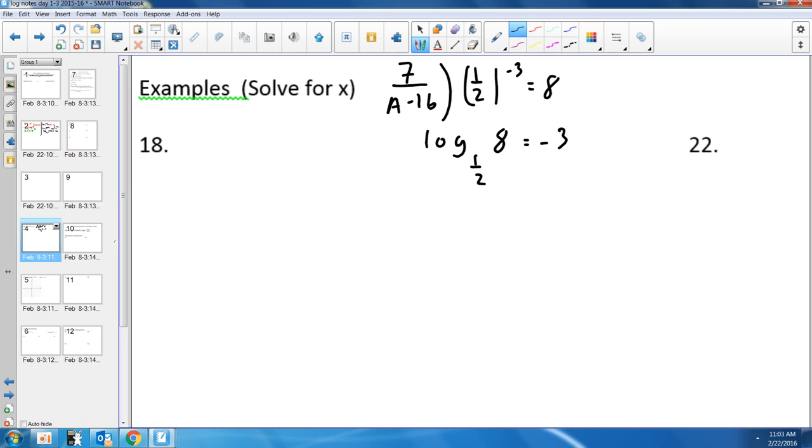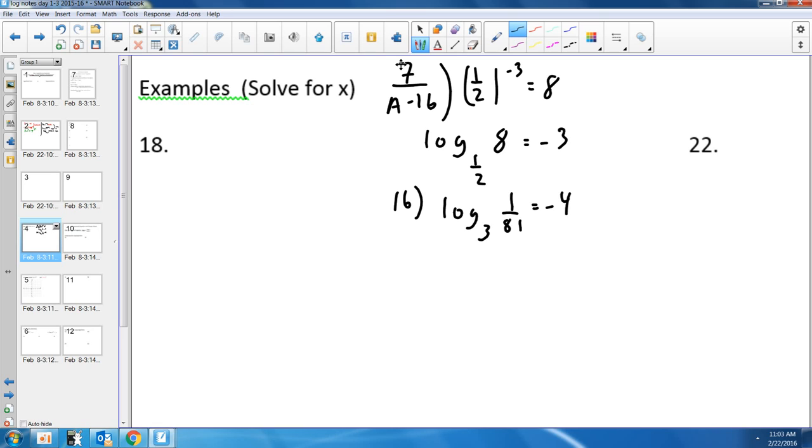Let's take a look at changing it into exponential form. So just doing the reverse of that. If we look at 16, it says log base 3 of 1/81 is equal to a negative 4. Again, simply changing forms. It's not solving for anything.